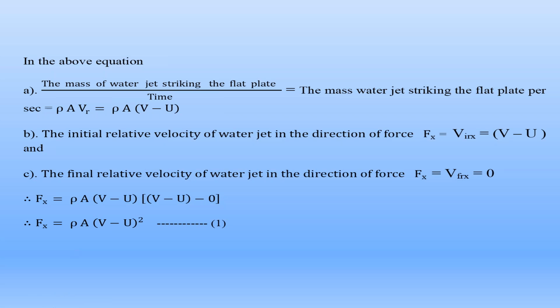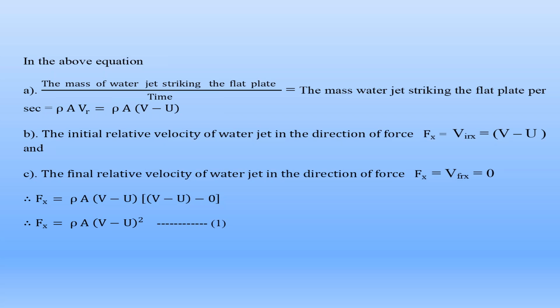The initial relative velocity in the direction of force Fx is V minus U. The final relative velocity in the direction of force Fx is 0, because it is on the y-axis. So when the horizontal water jet strikes the vertical flat moving plate in the direction of water jet, the equation of force Fx is rho A into V minus U whole square.